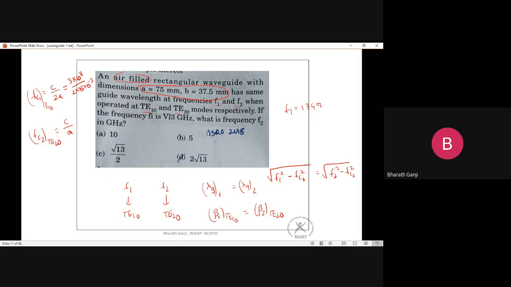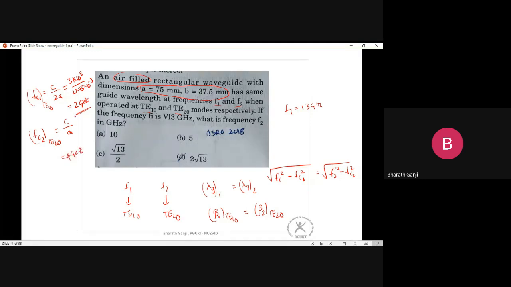How much does it come to? 2 GHz. 2 gigahertz. Okay, so if this is 2 gigahertz, then this will be 4 gigahertz.